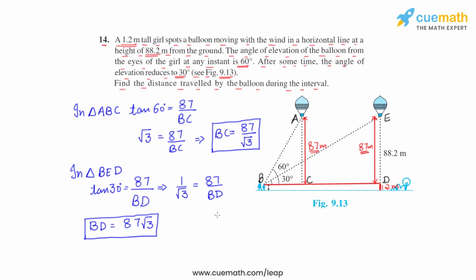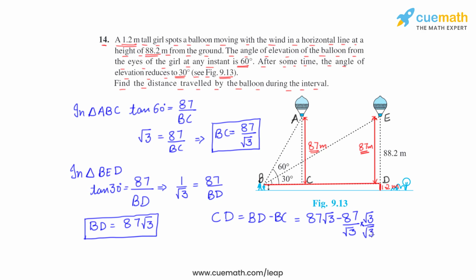Now we have to find CD. So CD is equal to BD minus BC, which is 87 square root 3 minus 87 by square root 3. Now we can rationalize. So into square root 3 by square root 3.